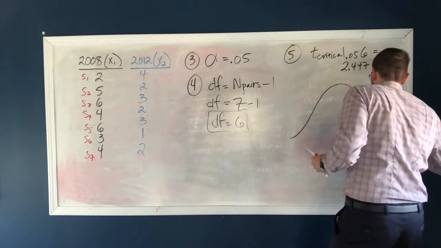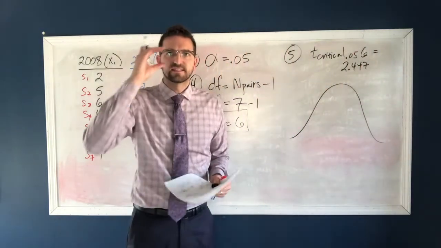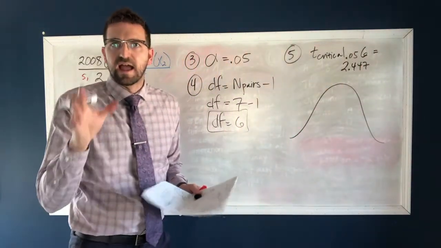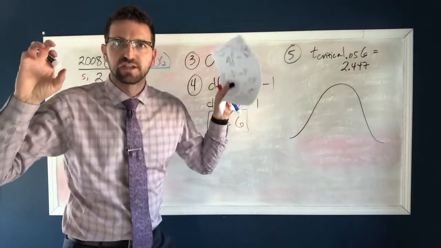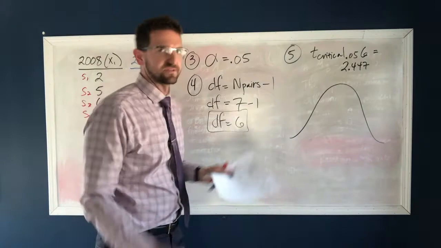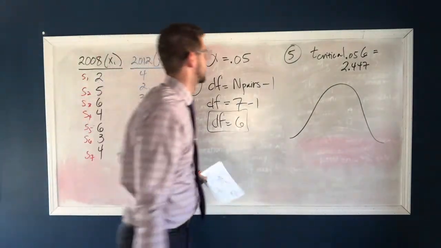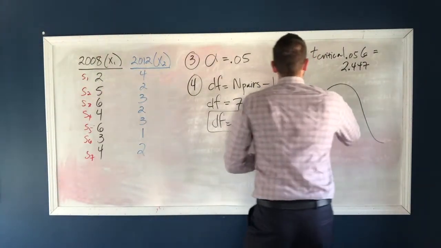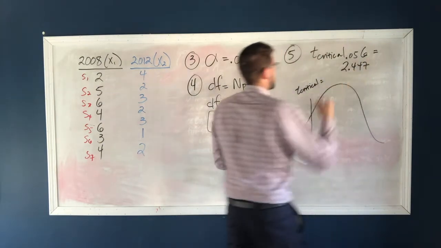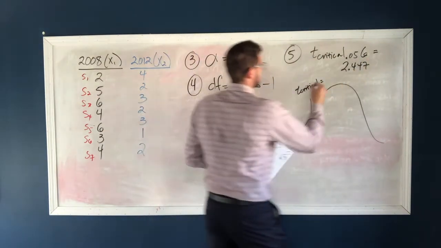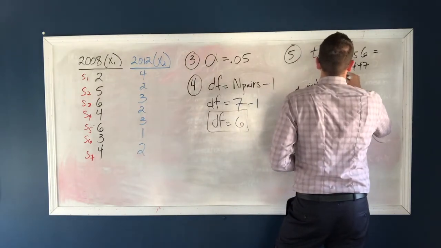Now we get to draw our little picture. And I think this is something people have had a question about. Okay, so here's our little rejection region graph, or T critical graph, whatever you want to call it. And we find here that we can have a negative T critical, so go ahead and put your negative T critical in.